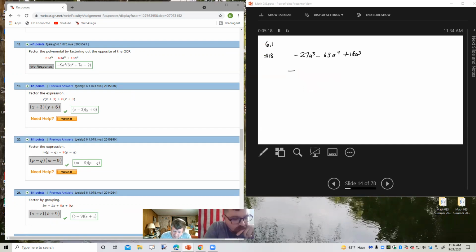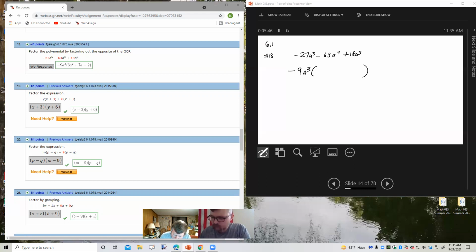Now, if I look at the coefficients, the 27, the 63, and the 18, the largest number that's a factor of each of those is 9. If I look at a to the 5th, a to the 4th, and a cubed, the largest power of a that's a common factor of all of those is a cubed. So there's my greatest common factor. Any questions so far?